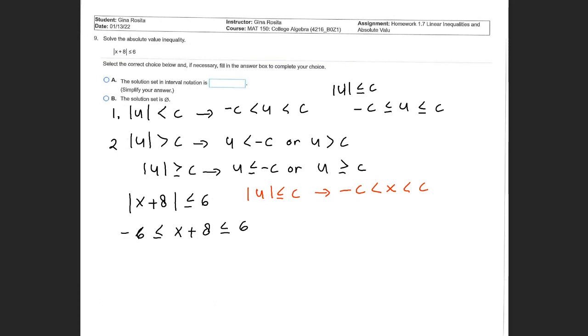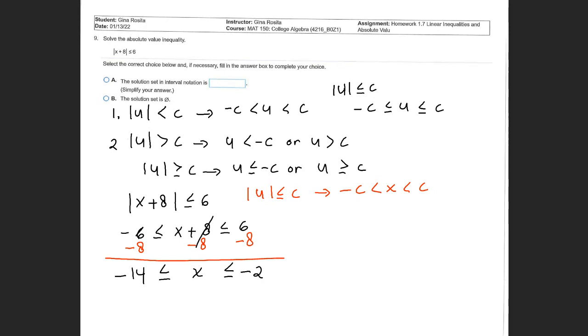Now we subtract 8 from all three parts. Negative 6 minus 8 is negative 14, less than or equal to x, our goal, x in the middle, less than or equal to 6 minus 8, negative 2.